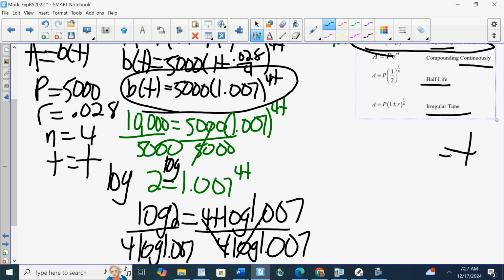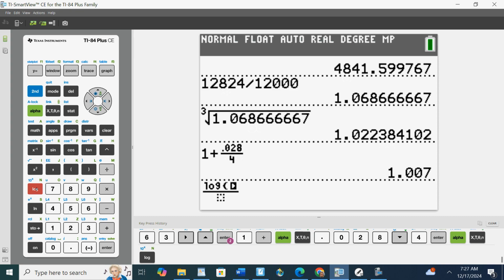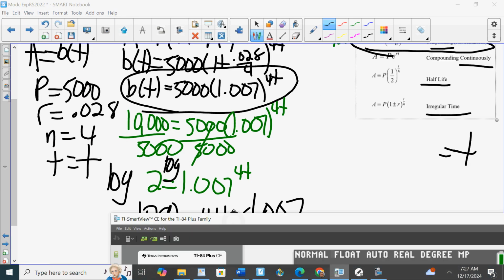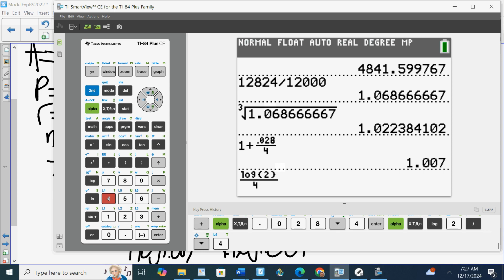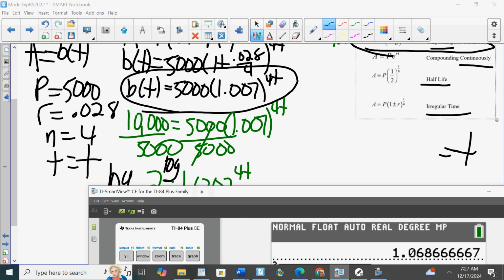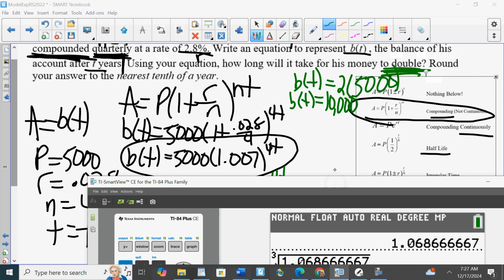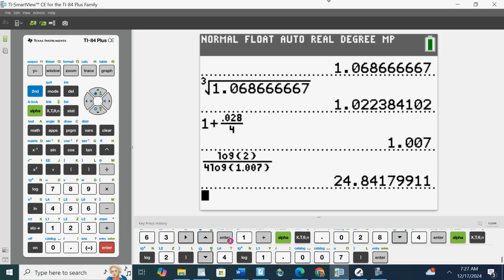I have t equals log 2 over 4 log 1.007, to the nearest tenth of a year. That is 24.8.